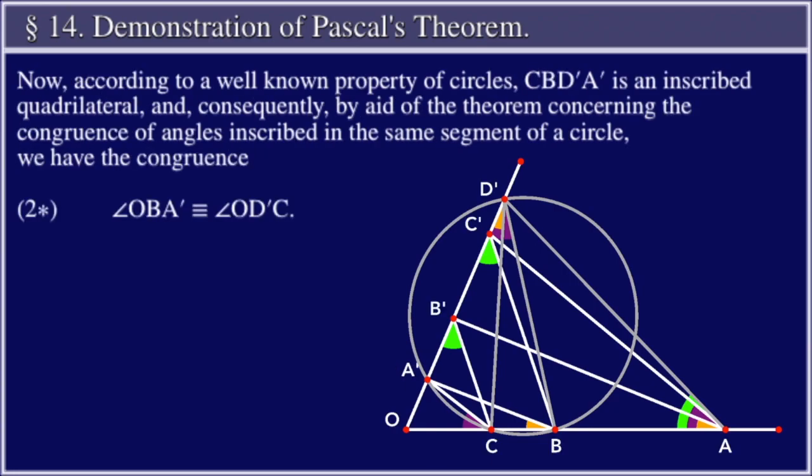Now, according to a well-known property of circles, CBD'A' is an inscribed quadrilateral, and consequently, by the aid of the theorem concerning the congruences of angles inscribed in the same segment of a circle, we have the congruence 2*. The angle OBA' is congruent to the angle OD'C.